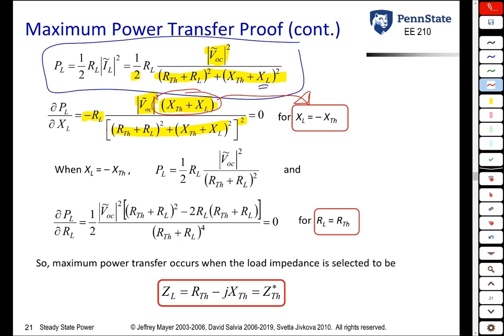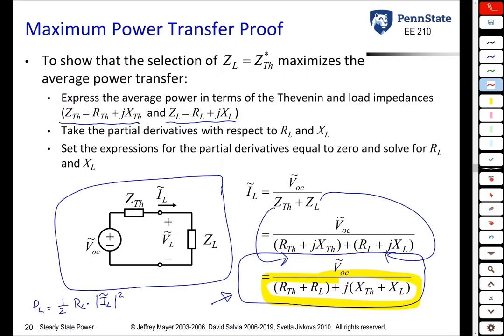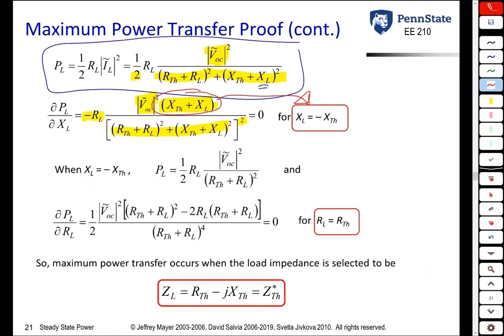Once you have that result, and you set XL equal to minus X Thevenin, the load power reduces to this expression here. Now we want to once again take the derivative, this time with respect to RL, and set it equal to 0. Now in this case, RL shows up in both the denominator and the numerator.